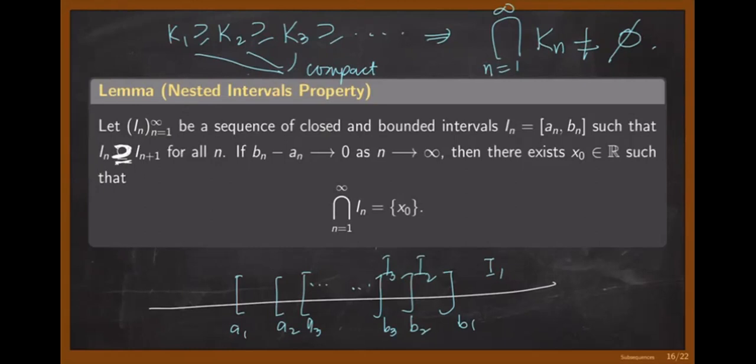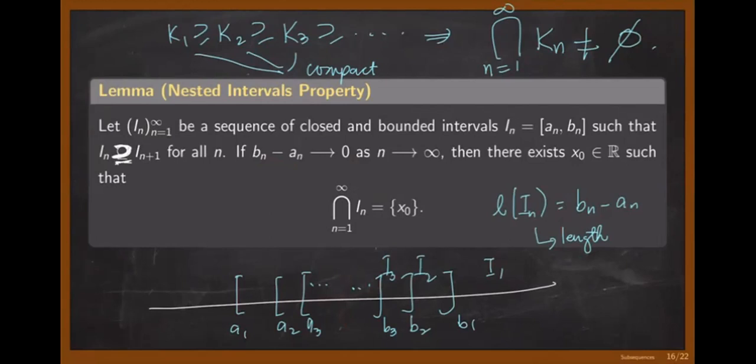Papaliit ng papaliit. Okay? Ito na yung theorem. If Bn minus An, ano yung Bn minus An? Yan yung length. We call this the length of the interval, kasi it measures the length of the interval In. If the length of the intervals gets smaller and smaller to 0, ano raw ang matitira sa intersection?